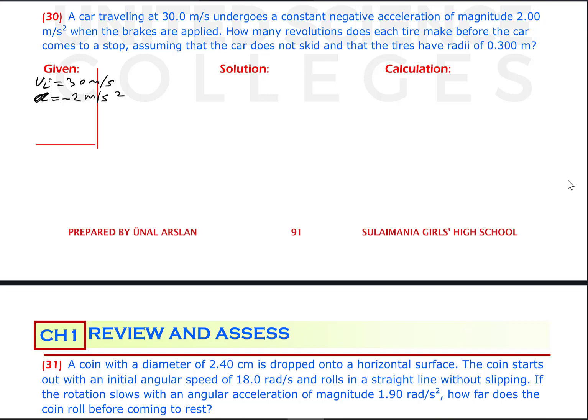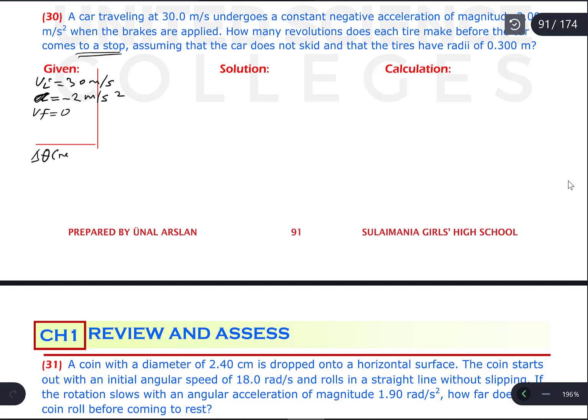How many revolutions does each tire make before the car comes to a stop? And the final linear speed is going to be 0. So we will be asked delta theta in revolutions.